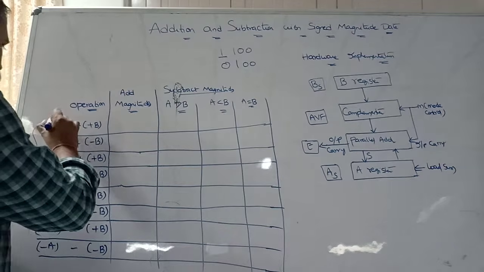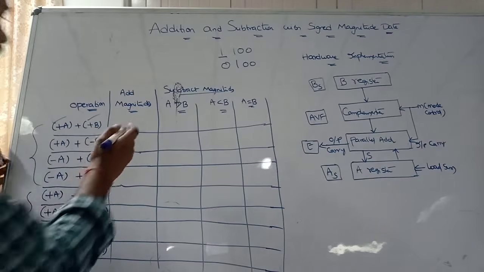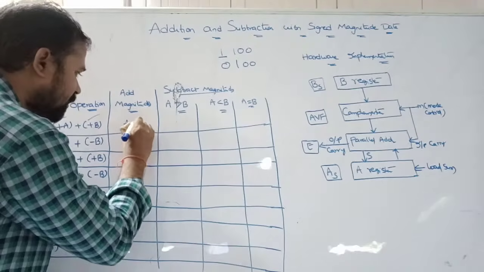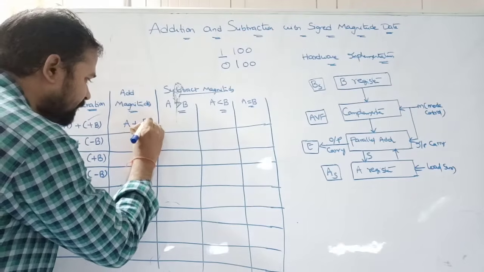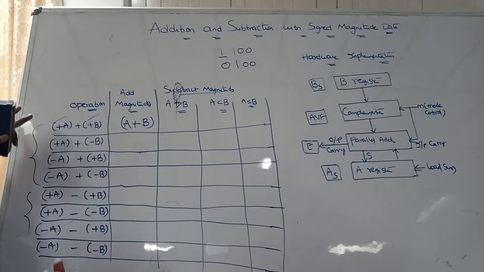So both the signs are the same, so you add the magnitudes. The first number's magnitude is A, the second number's magnitude is B, so you add A plus B, and the resultant sign will be the sign of A.